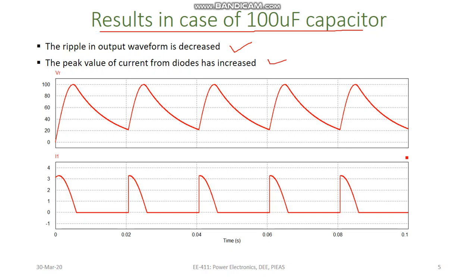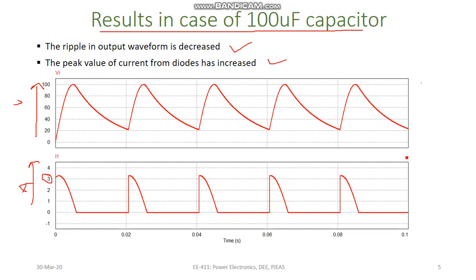So this is the fact that I was talking about: previously there was no capacitance, but now that I have attached some capacitance, the peak value of the current has increased. You see here it is peaking up to 3 ampere, whereas in the previous case the units are in volt and here in ampere. So previously it was exactly 1 ampere, and now it is 3 ampere.